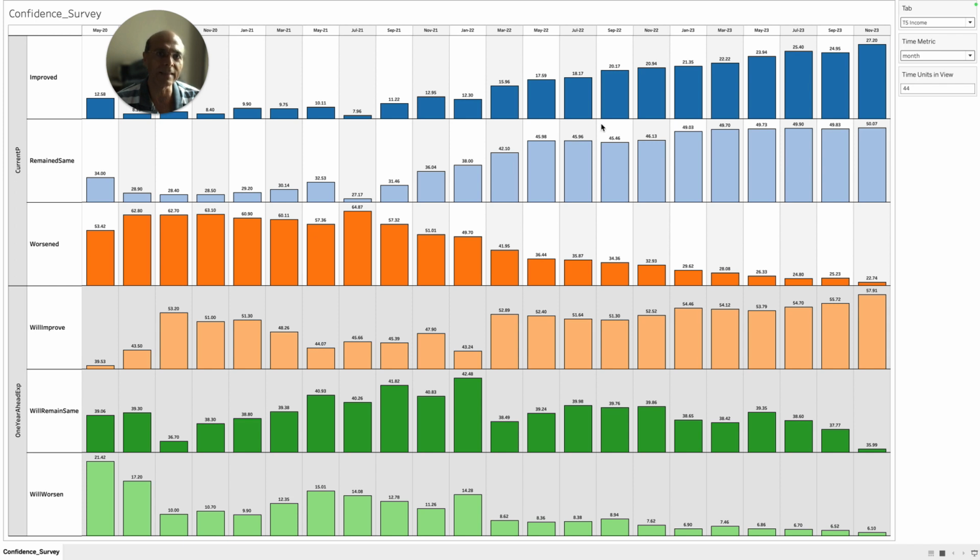There was a rising trend starting from September 21 till July 22, and thereafter it kept on increasing. Now 50.07% of the population is saying that the situation has remained the same, and the number of people who believe that the situation has worsened has also gone down, which is very, very interesting from an income perspective.